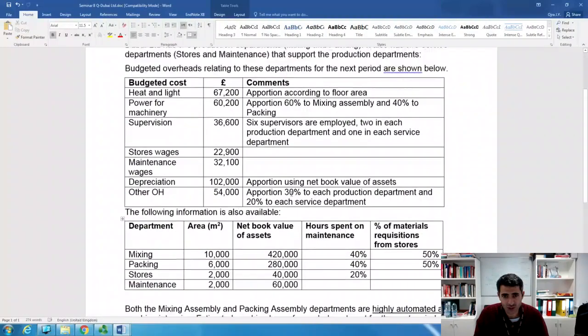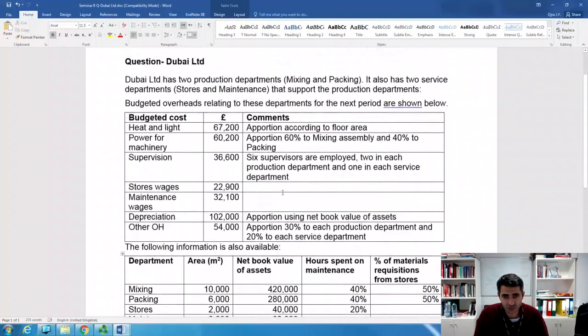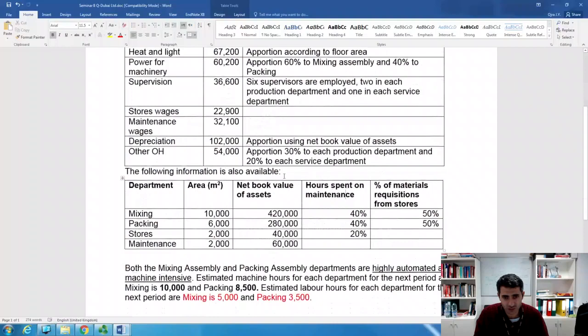Look here, hours spent on maintenance: 40% mixing, 40% packaging, and 20% stores.